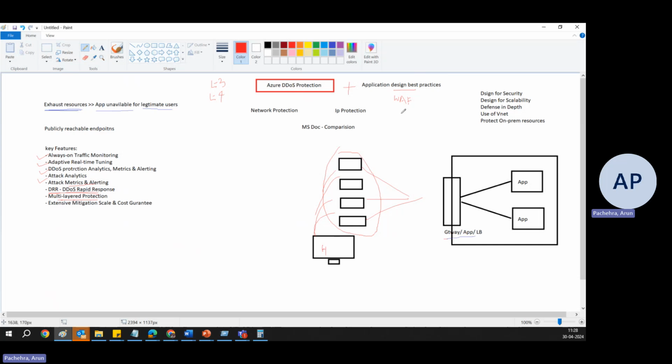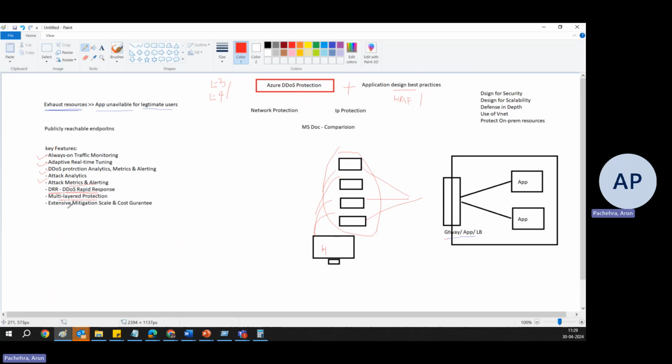This setup ensures comprehensive defense, protecting against both volumetric network attacks on L3 and L4 and sophisticated application layer attacks like SQL injection and cross-site scripting on WAF layer 7. So these are some interesting features that we get through Azure DDoS protection.